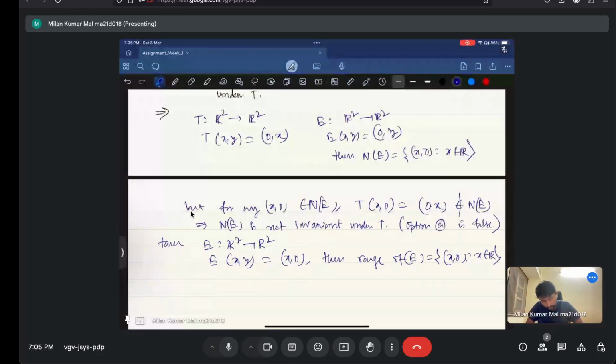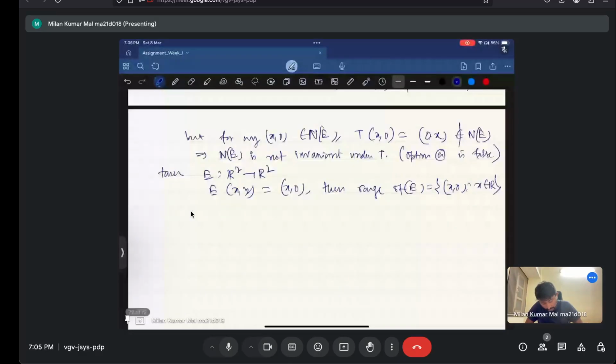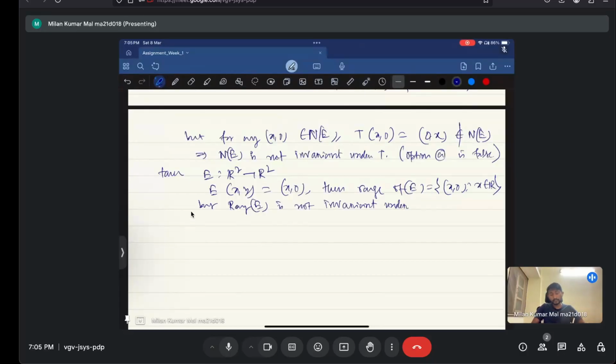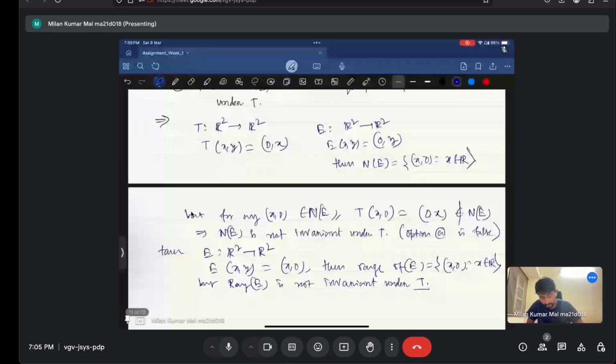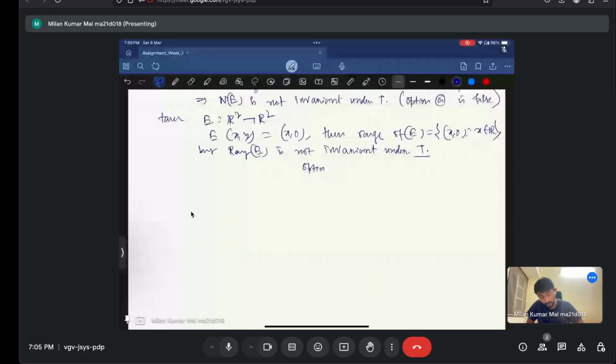But the range of E is not invariant under T, because we have seen a few seconds ago that this set is not invariant under T. Therefore, option B is also false.